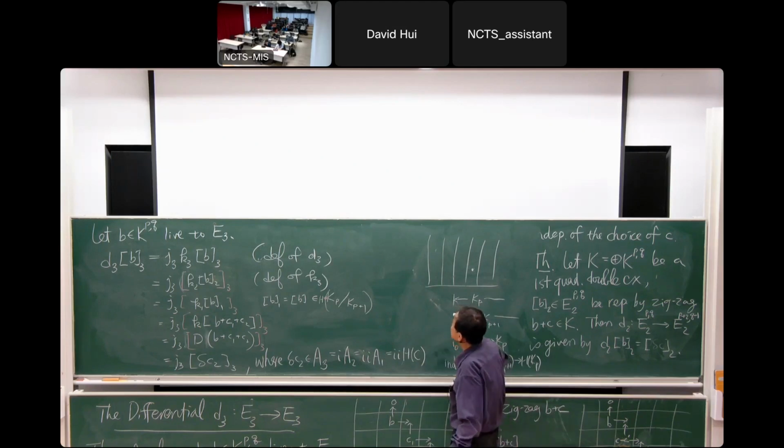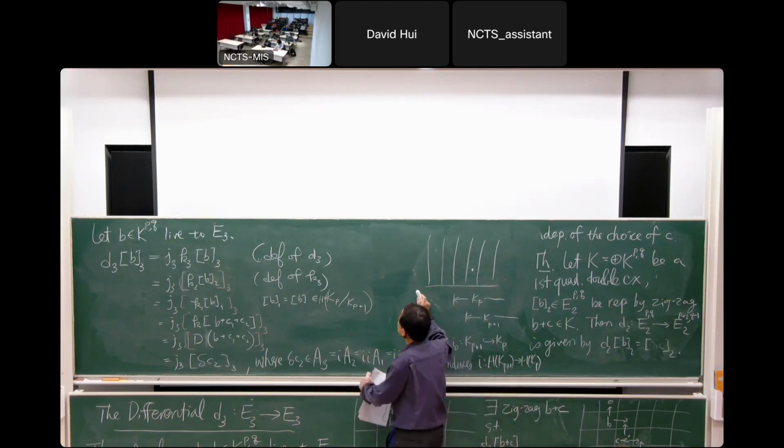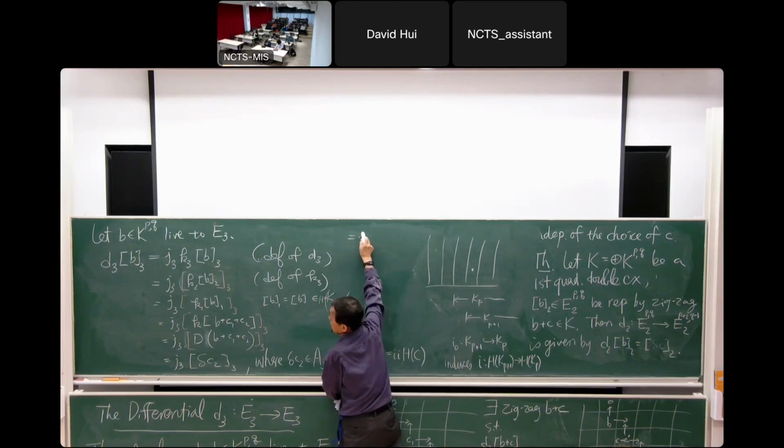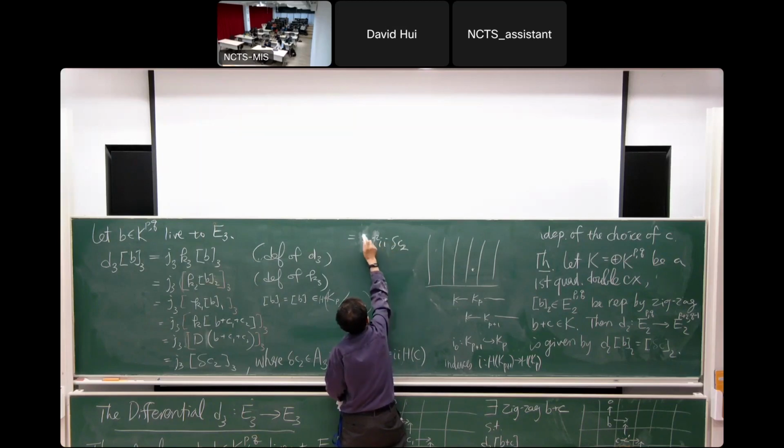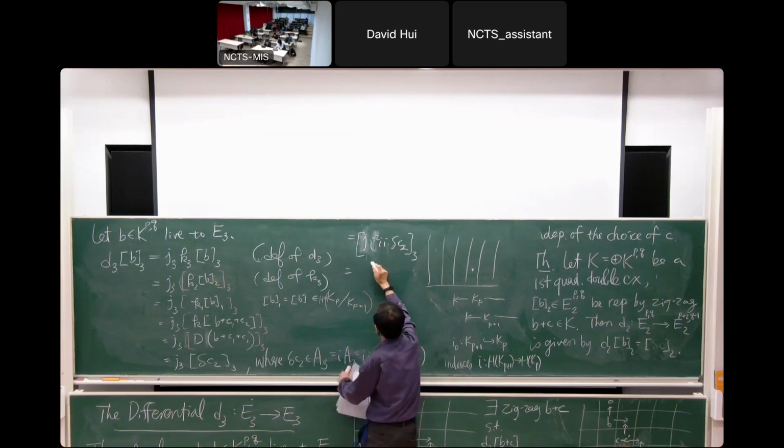Okay, and so that's why I can write it as J3 of II delta C2, okay, and then J3 is J, you know, I inverse twice. And so the I's will cancel out, and the J is just projection.